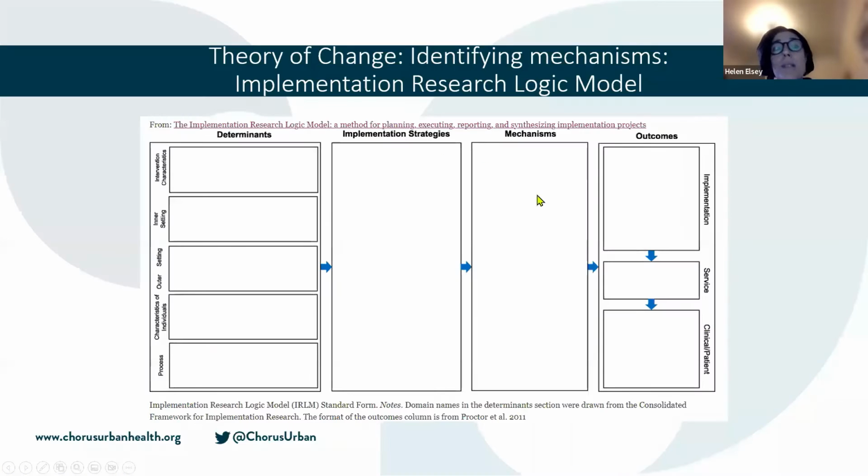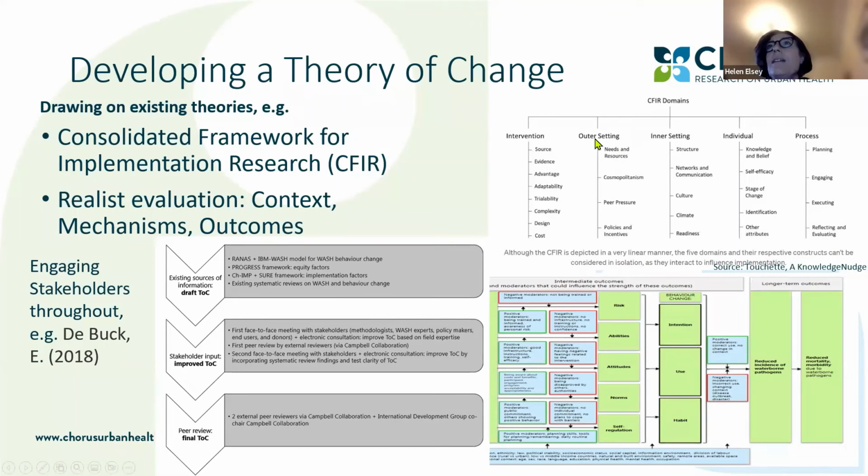They call that the outer setting, and it sits within the institution, how it sits with the individuals that have to be involved with the health system's intervention, and the process of making it happen. So that's one framework that you might consider in terms of thinking through all aspects of your health system's intervention that need to be addressed.